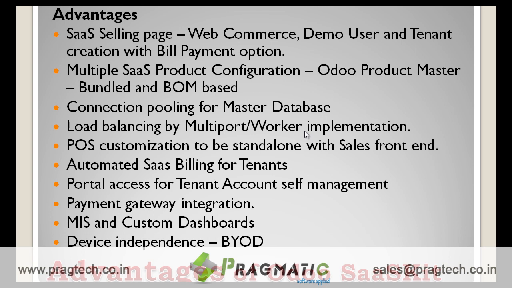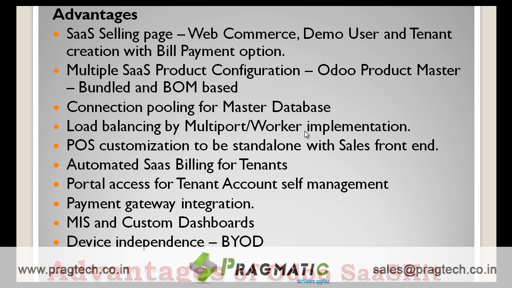You have the option to create multiple SaaS products. Then you can even have bundled products. You can club multiple products together and create an installation with multiple verticals in a single go. Then the backend benefits: connection pooling for your master database, which will manage all the loads in such a way that there is no downtime for any of the clients who are simultaneously connected.